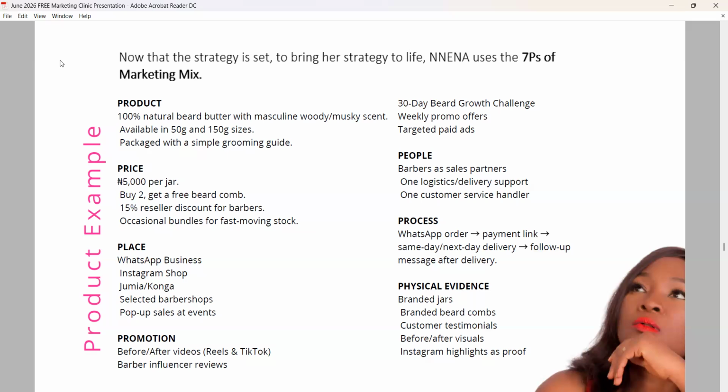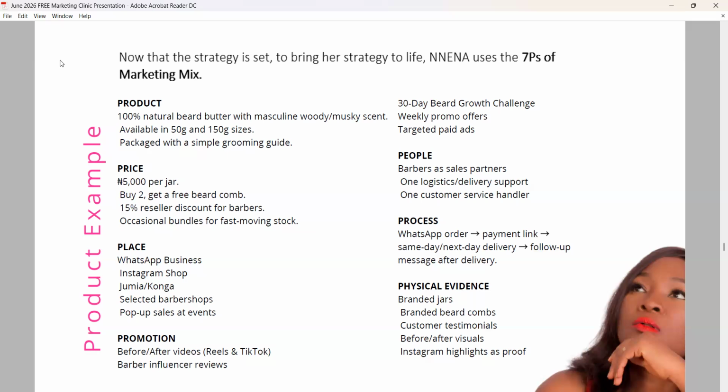She's going to host a 30-day beard growth challenge. She will offer weekly promo, and she will do targeted ads. For people, barbers are her sales partners, plus 1 logistics and delivery guy, and 1 customer service handler.